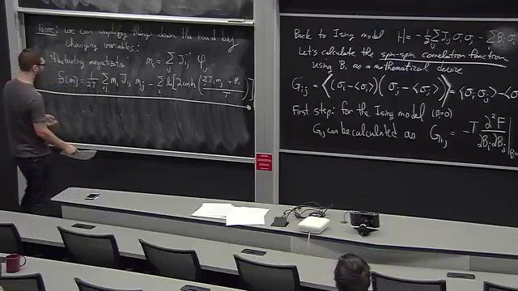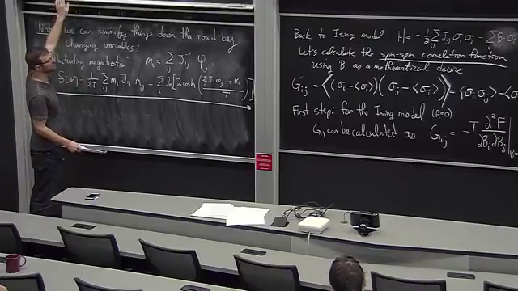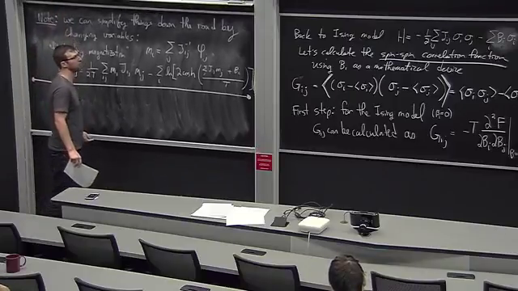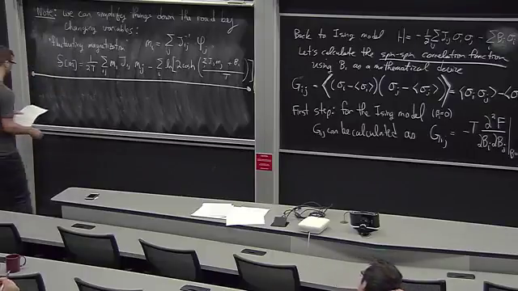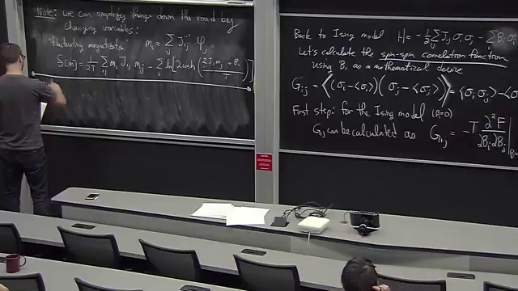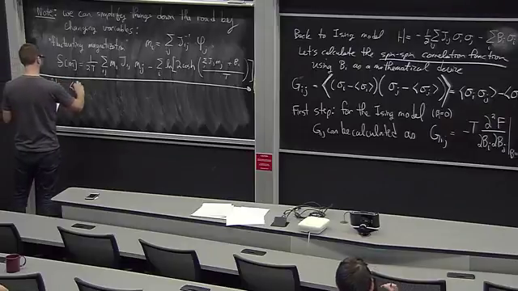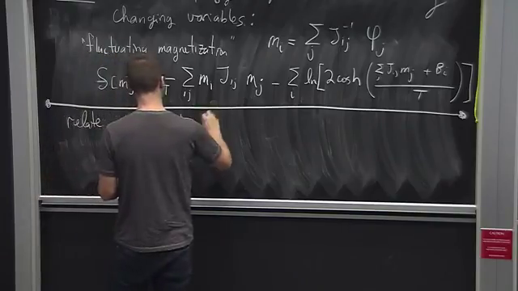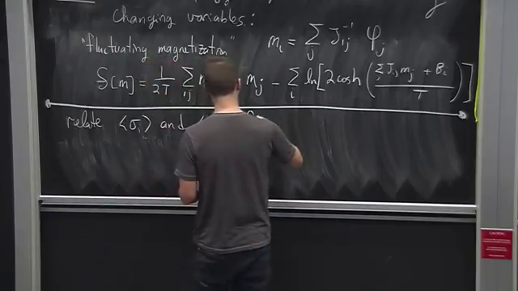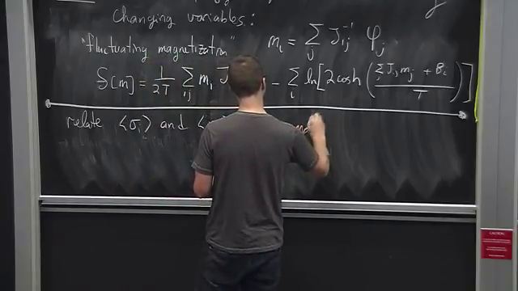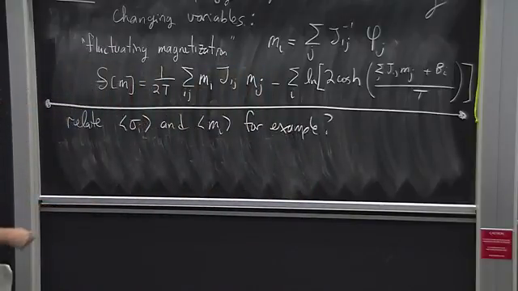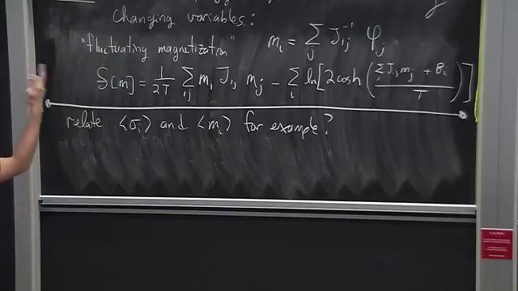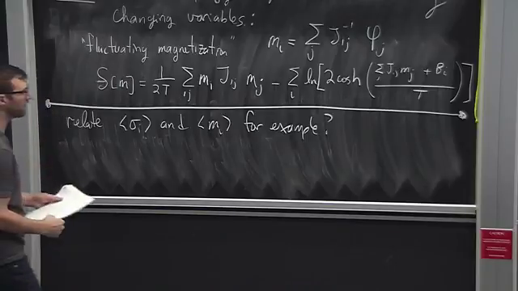So let me relate expectation values between fields, phi, and this fluctuating magnetization. I can imagine writing, say, that action, or this action, either one of them.